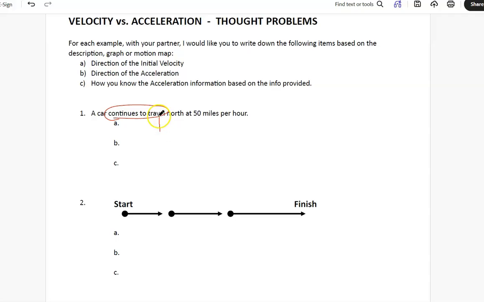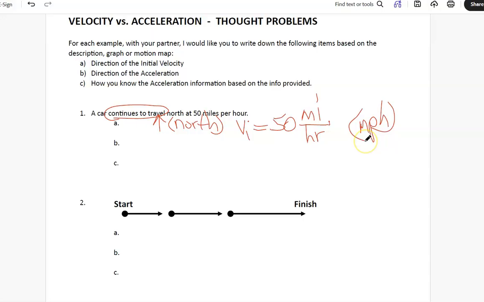So if we just say north, that is the direction of our velocity. And we know that the initial velocity, the value of that, is 50 miles per hour. I'm going to write miles per hour this way, instead of our classic mph that we're used to writing.